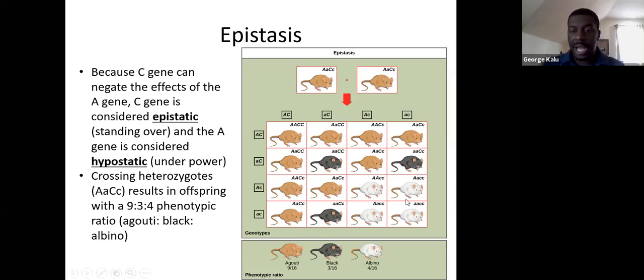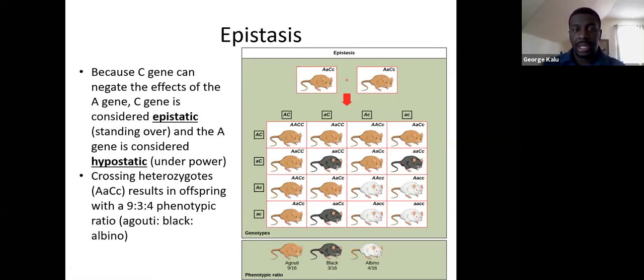And so again, because we have epistasis here, we end up getting a different ratio. We end up with a 9:3:4 phenotypic ratio, meaning that we have 9 offspring with the agouti pigmentation, 3 with the black pigmentation, and then 4 with the albino pigmentation.